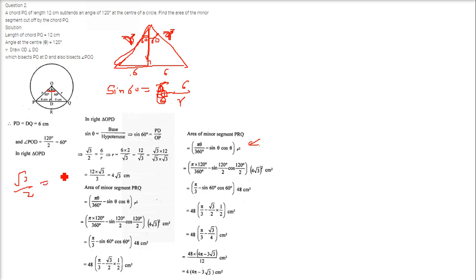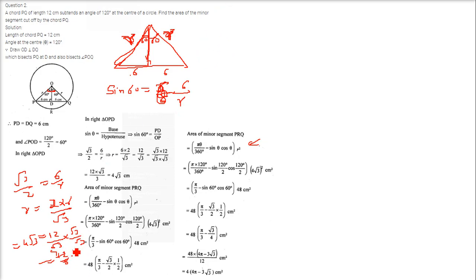Sine 60 is root 3 by 2. So root 3 by 2 will be equal to 6 by r. R will be 2 into 6 by root 3, that is 12 by root 3. Now multiply root 3 in the numerator and denominator, you get 12 root 3 by 3. So 3 4s are 12, you get 4 root 3.